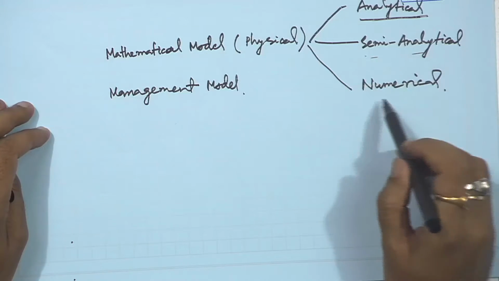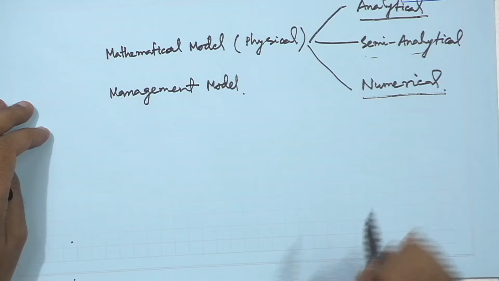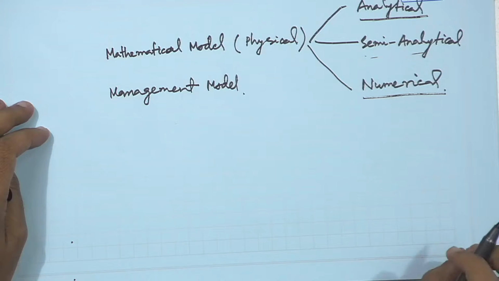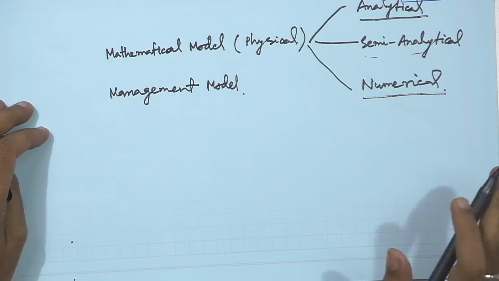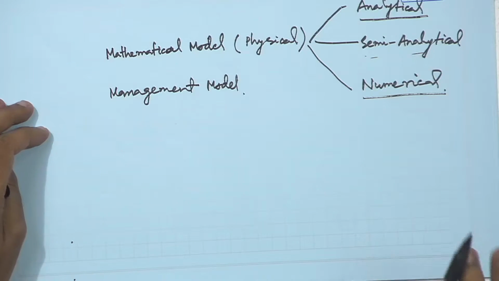And numerical means it is completely a PDE that you cannot solve using classical solving approaches. So we need to discretize the governing equation and solve that problem.